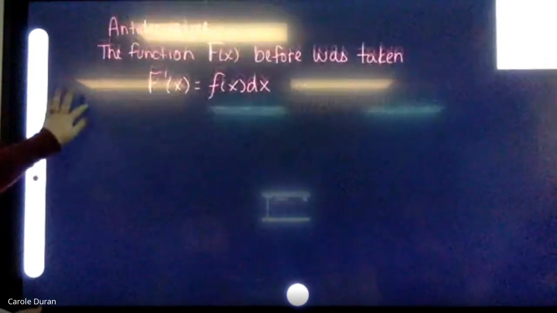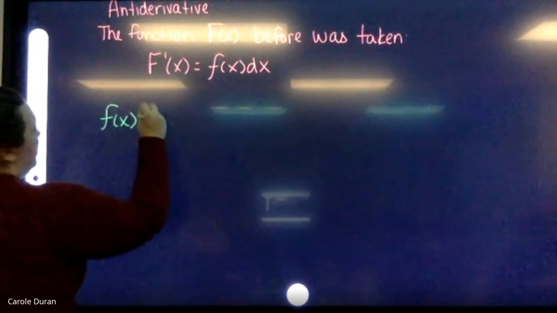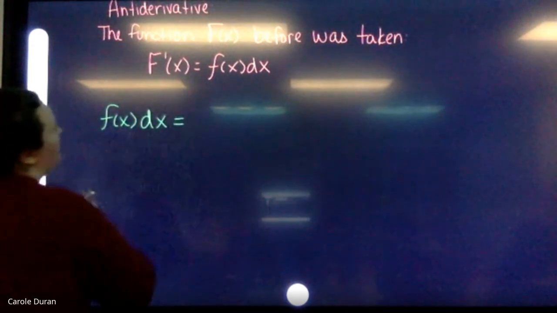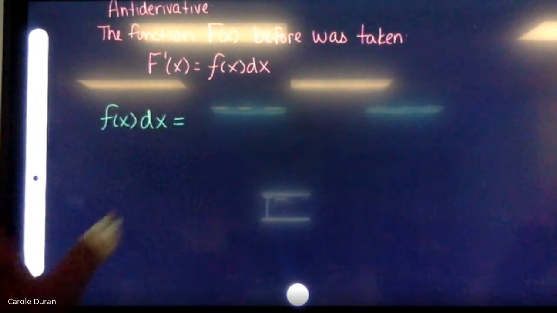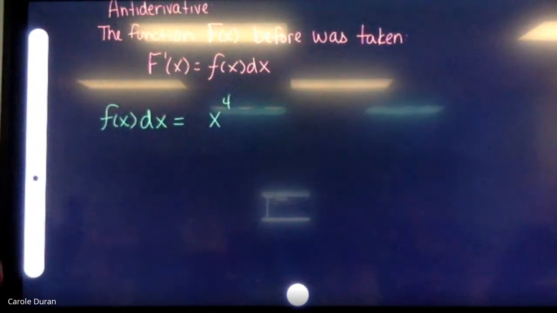So let's say, for example, that I know little f of x dx was equal to x to the 4th. And I would like to find what it was before I took that derivative. So I know that when I took the derivative, I decreased my exponent by 1.